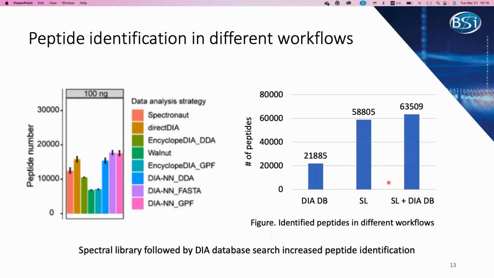So clearly, the spectral library search followed by the database search increased the peptide identification. When compared to the identified peptide number in the paper, around 18,000 peptides were identified using DIA-NN. The identified peptide number using the streamlined workflow in PEAKS 11 is significantly higher. We can see over 60,000 peptides were identified in PEAKS 11 using our streamlined workflow.